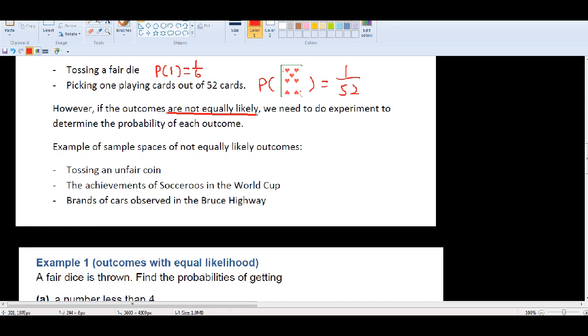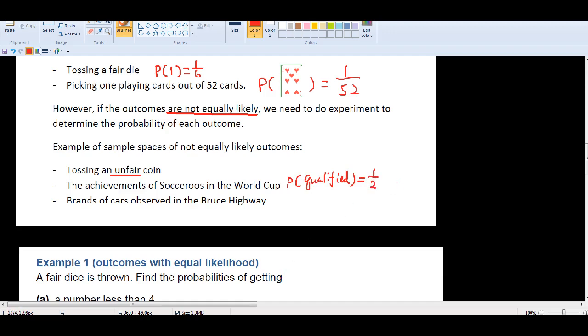For example, if there's an unfair coin, then possibly you get a greater chance to have a head over a tail. Or the achievement of the Socceroos in the World Cup. The probability to qualify for the tournament will be very high, 1 out of 2.